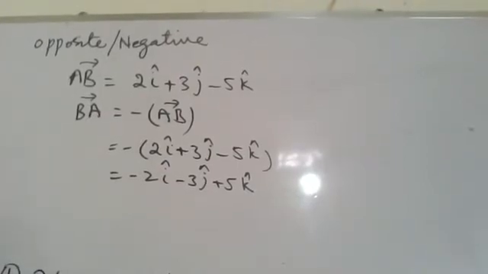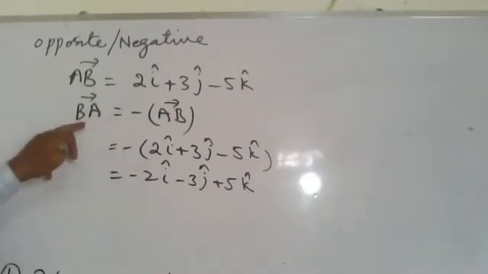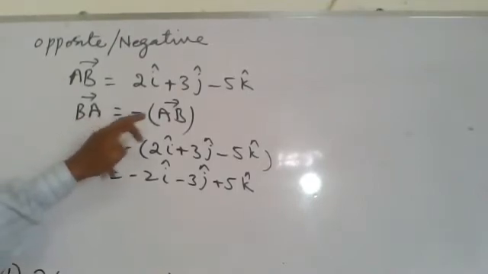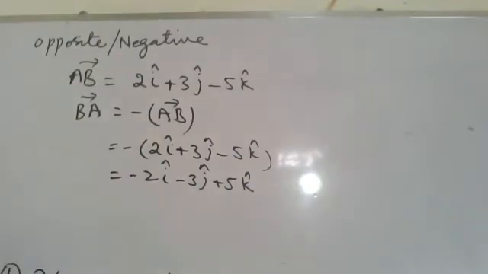BA is the opposite of AB. Both vectors must have the same magnitude but opposite direction. The 2 vectors are said to be opposite vectors if they have the same magnitude but opposite direction.